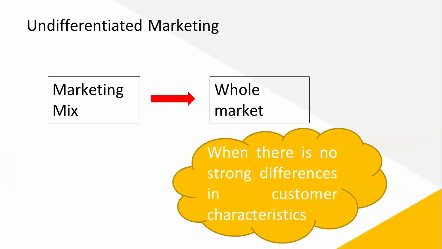Target marketing strategy, right? So in undifferentiated marketing, what we are doing is using the same marketing mix, the total marketing mix strategies, that means your marketing strategies, for the whole market, right? We do not differentiate the market. So we use the same marketing strategies, right?